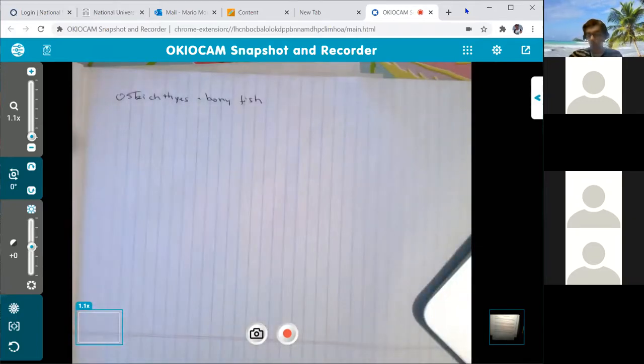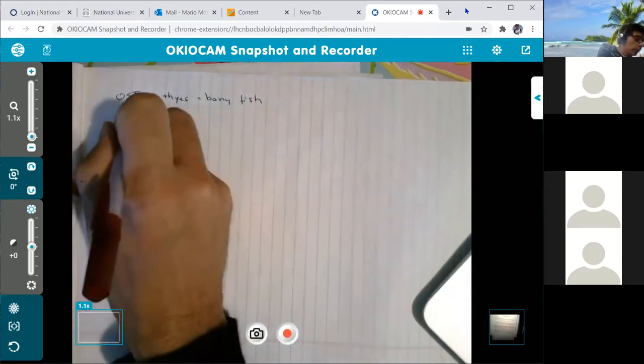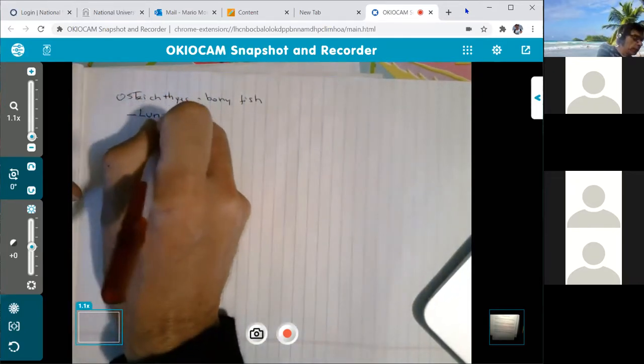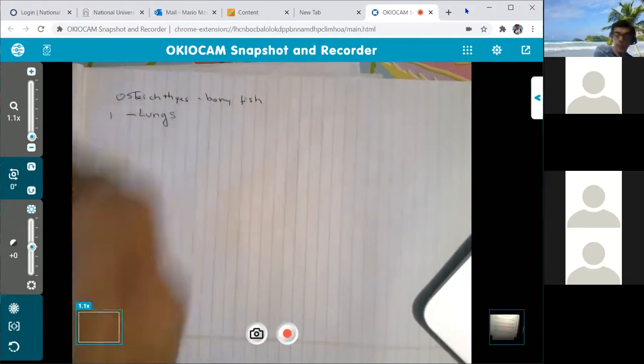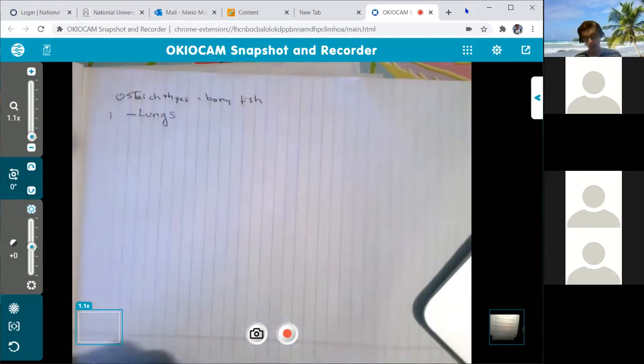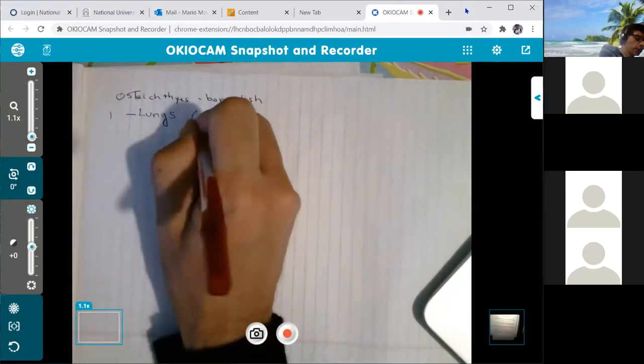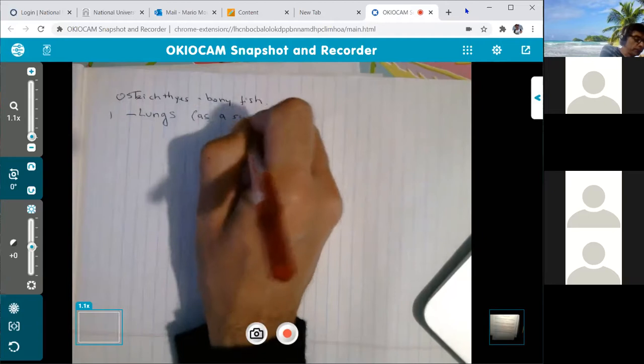Okay, so on the Chondrichthyes, I mentioned there were 6 things that categorize the Chondrichthyes. For Osteichthyes, there are 4. So the first one is lungs. Obviously it's not lungs like we have lungs. These are lungs as a swim bladder.